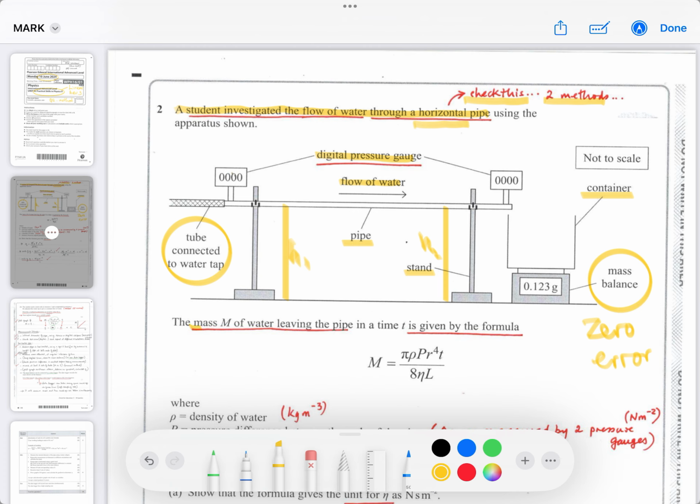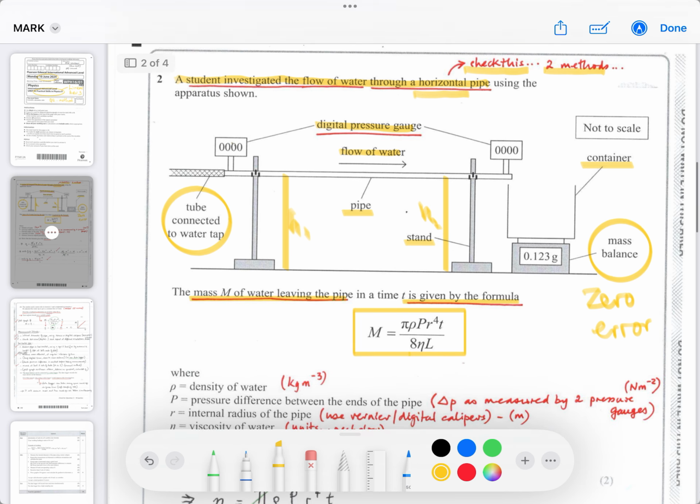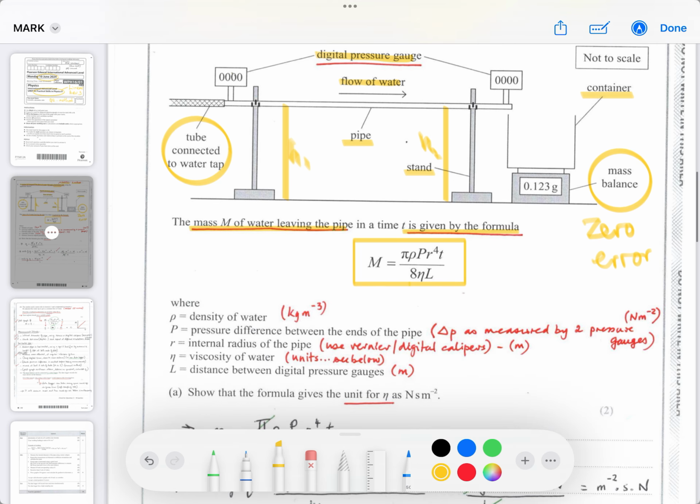And then it says the mass of water leaving the pipe in a given time is given by the formula where m is the subject of the equation, and it's got loads of different terms in it just to confuse you. Okay, pi you know.